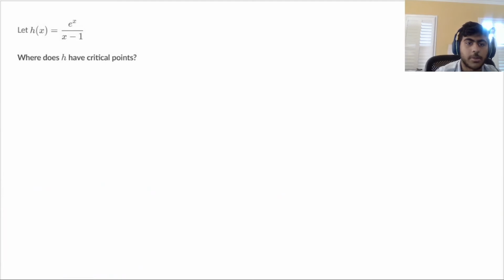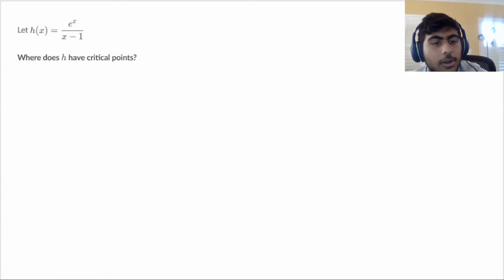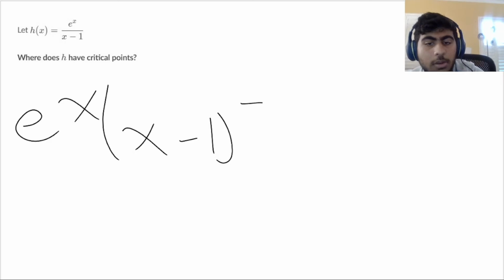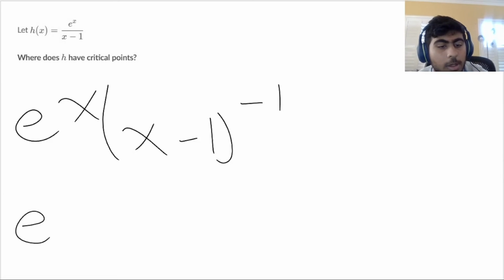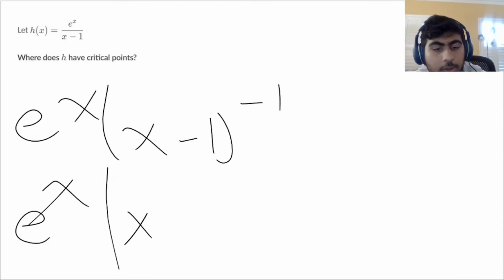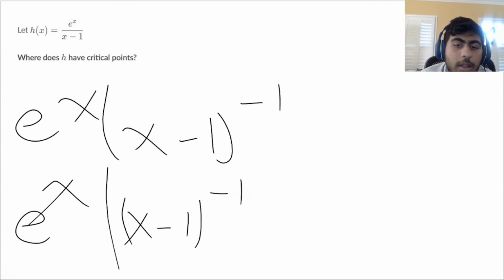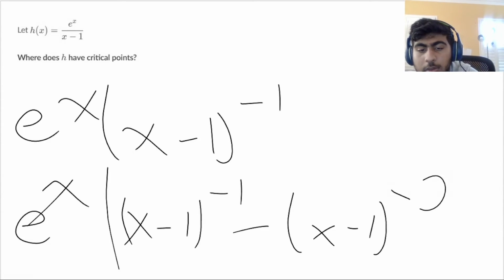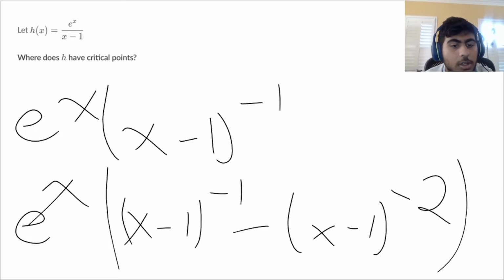Let's try another problem. Alright, here we have e to the x times x minus 1 to the -1. Take the derivative, and we end up with e to the x times x minus 1 to the -1, and then the other term would be minus x minus 1 to the -2. So the first one is never going to be 0.